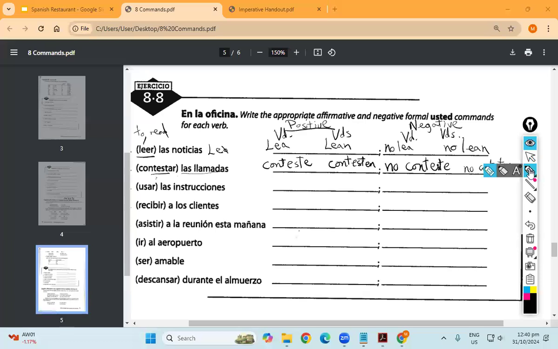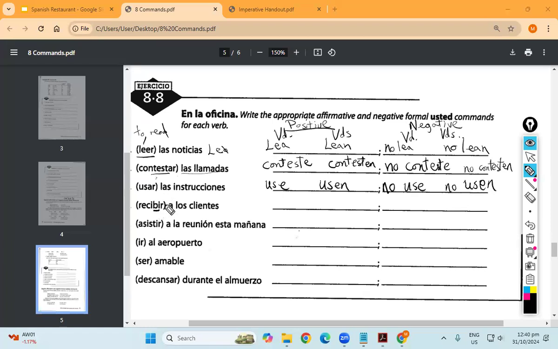All right, so usar las instrucciones, use the instructions. So usted, use las instrucciones, ustedes, usen, right? The no form, no use, no usen. Right?